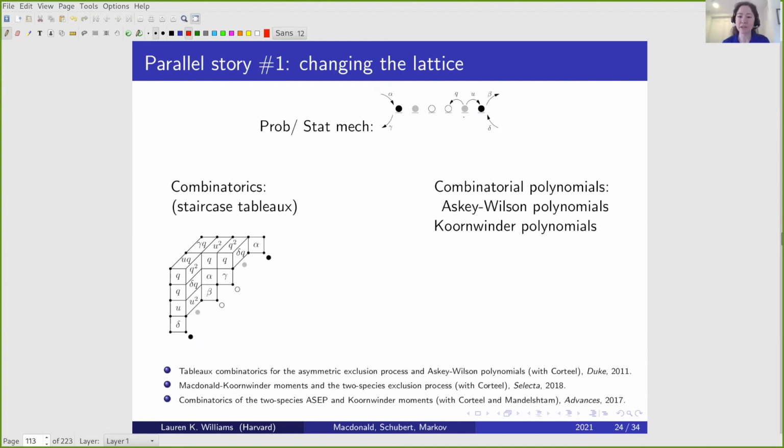And this model turns out to be connected also to some combinatorial polynomials, in this case, Askey-Wilson polynomials and Koornwinder polynomials. Koornwinder polynomials are actually Macdonald polynomials of type C, F and C. And there's also some very nice combinatorics that you can use to understand these things, and it's these staircase tableaux. So anyway, I'm not going to talk about this story, but it's just to say that you do get something beautiful happening when you change the lattice in this way.